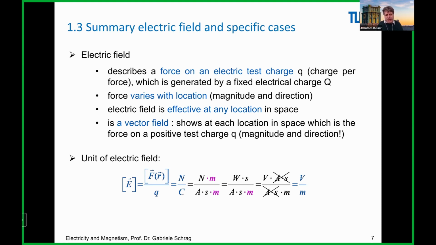Remember we had the recap in math where we had also the example where we had a scalar field and we had a vector field. One was the temperature distribution around the Earth, that was our scalar field.